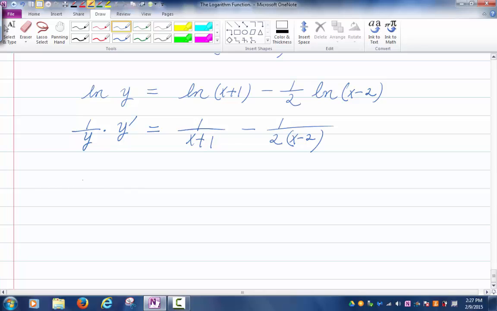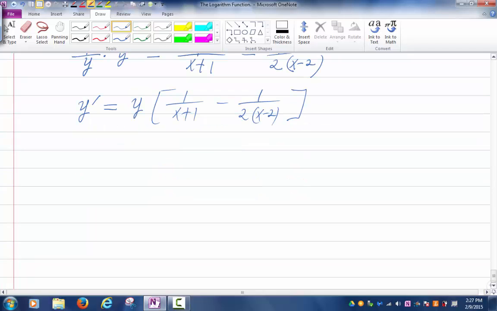So we get 1 over y times y prime. So what is y prime then? Y prime would be y multiplied with this quantity. And finally, you can plug in what y is. So y was x plus 1 over root of x minus 2.